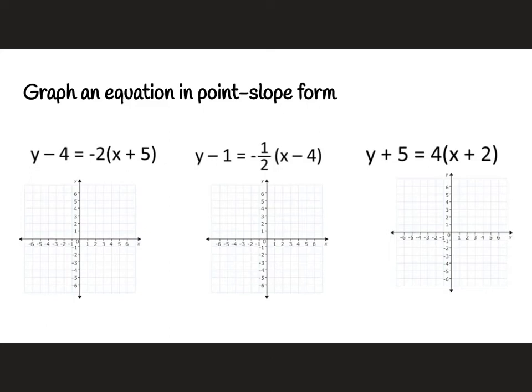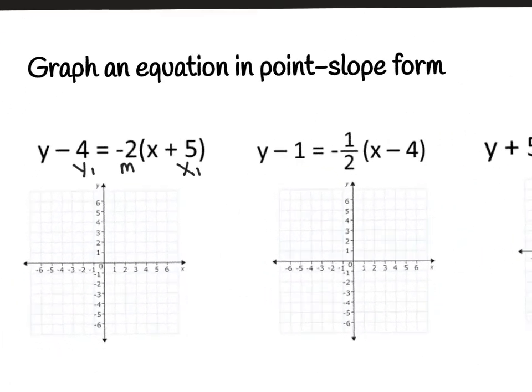We've got y minus y sub 1 equals m, which is the slope, times the quantity x minus x sub 1. So we have a point and a slope, and we can graph that. If you can remember how to graph a point on a coordinate plane.